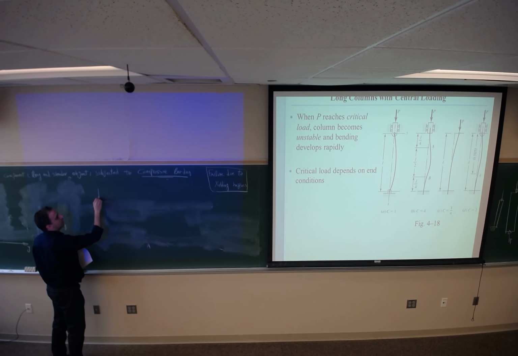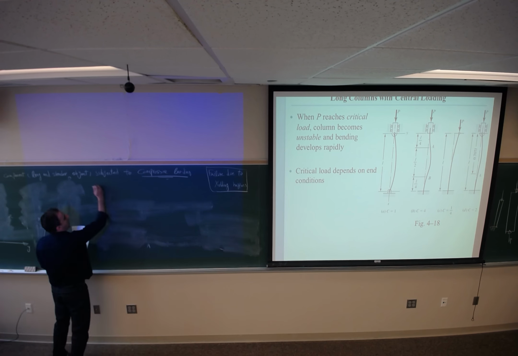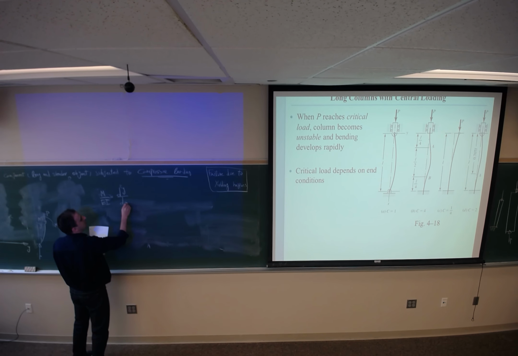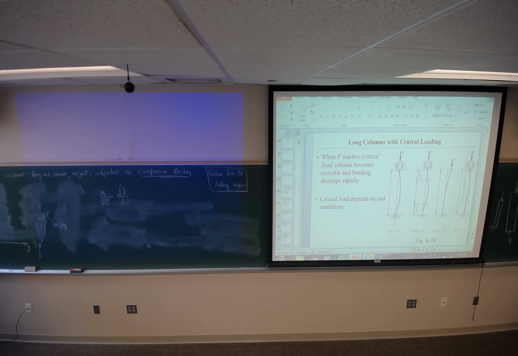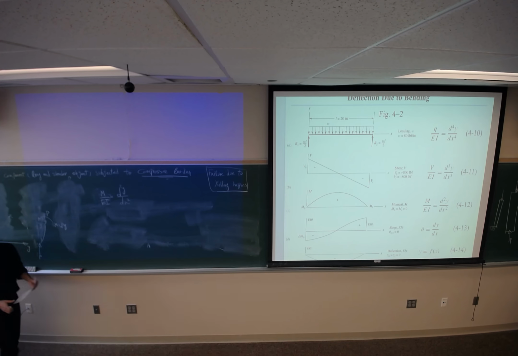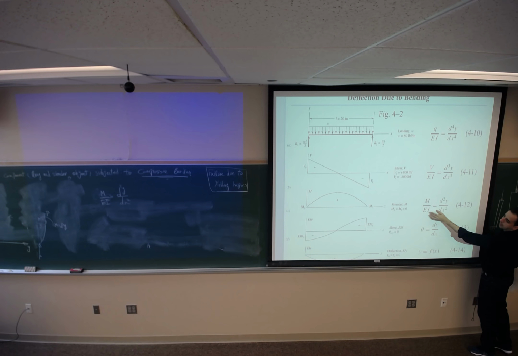What was the relation between the moment and deflection? M over EI was the second derivative of Y with respect to X. We did it before the break. The second derivative of deflection is going to be M over EI.